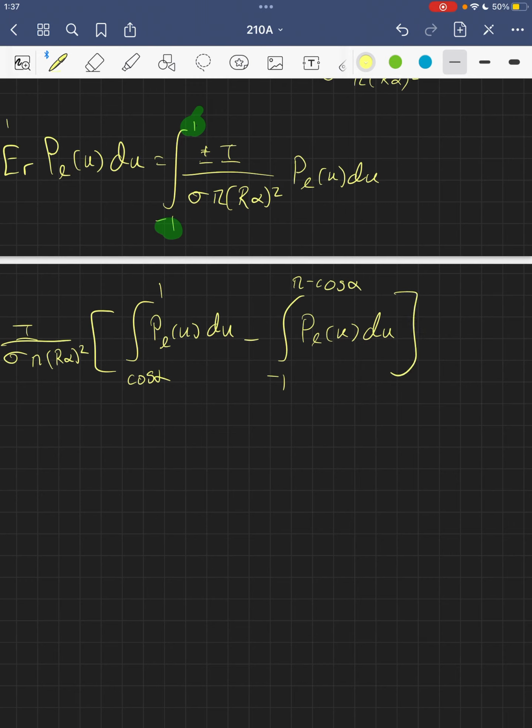Now you can apply the given hint. And the given hint is, let me find it in the problem.